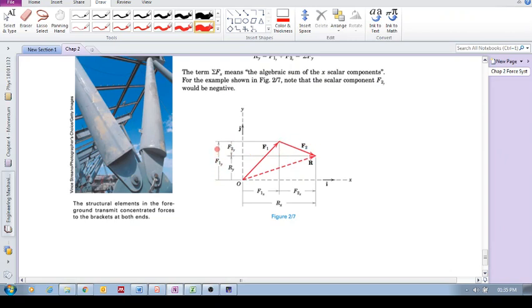So F1y minus F2y gives us Ry. Does that make sense? If that was pointing in the other direction, then we would add it on top. So now we've got Rx and Ry, which gives us R, the final vector sum.